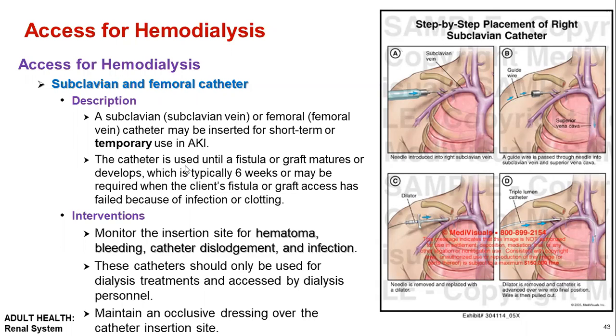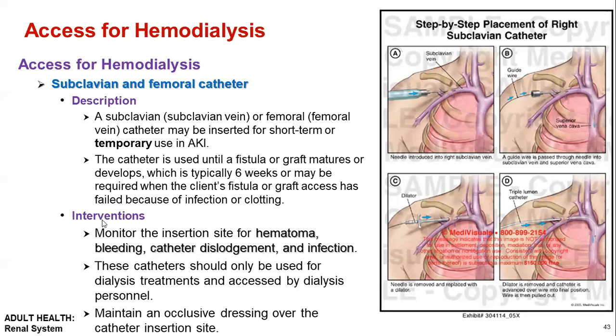The catheter is used until a fistula or graft matures or develops, which typically takes 6 weeks. If you ask me what maturity means, it means the fistula is ready to work, right? So usually it takes 6 weeks.